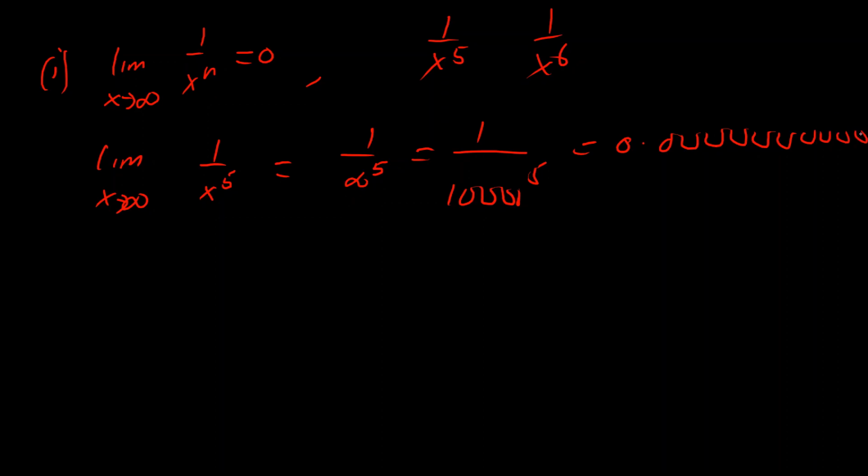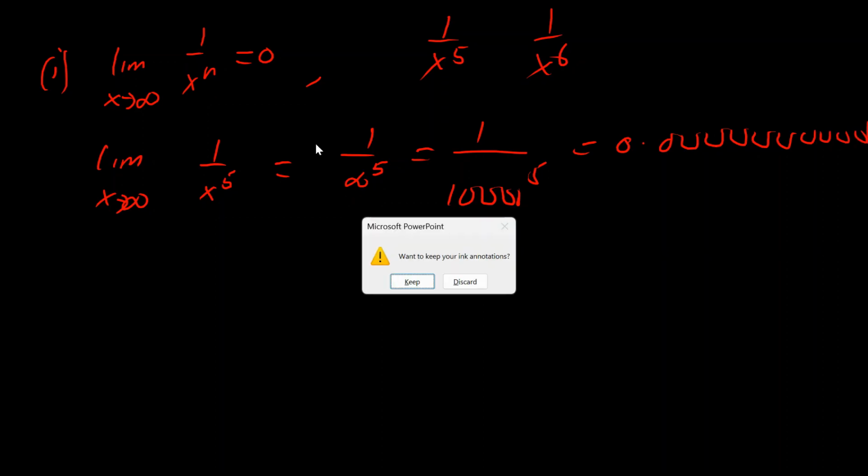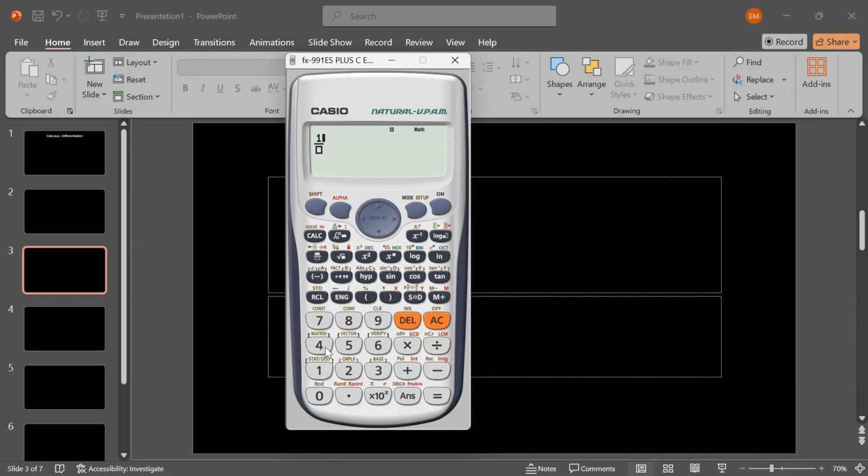Let's pick our calculator and then let's divide 1 by a large value. So for instance, 1000 to the power 5. That is 1 times 10 to the power negative 15, which is a value that is absolutely 0.